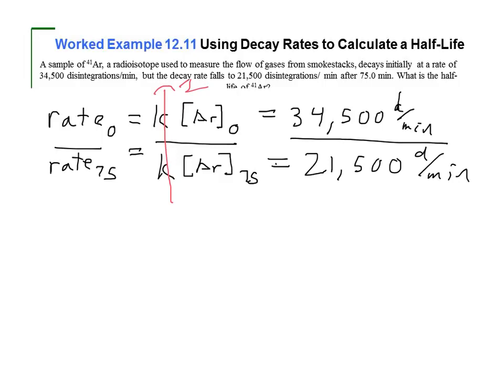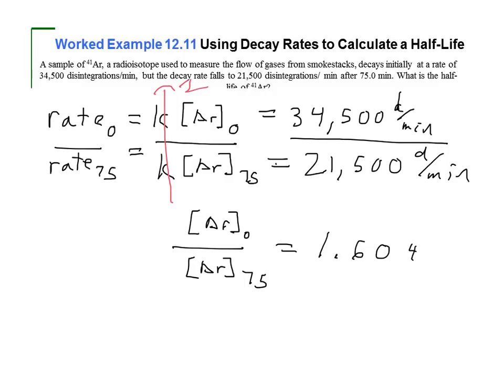So I now know that the ratio of my initial amount of argon divided by my amount of argon after 75 minutes is equal to 34,500 divided by 21,500. So I'm going to put that into my calculator. 34,500 divided by 21,500. And that gives me 1.60465.